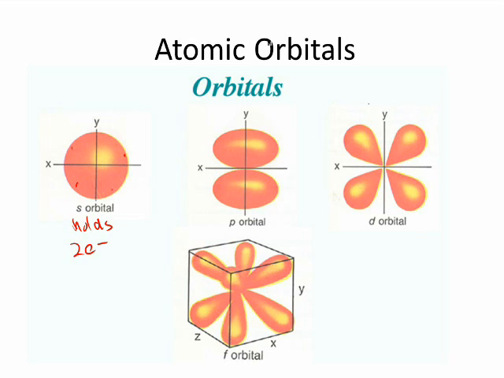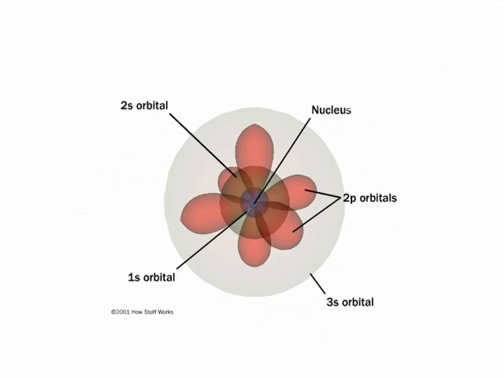A p orbital, and you can't really see, I think there's probably a better diagram in your book on page 131 of a p orbital. A p orbital looks kind of like an airplane propeller, but it has 3 basic little wings to it, I guess you could say. So one will go off in the x direction, there's one in the y direction, and then one in the z direction.